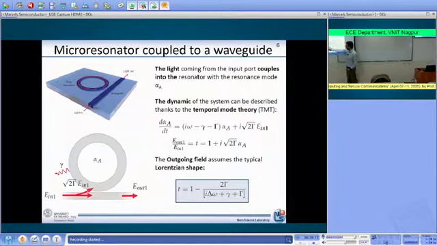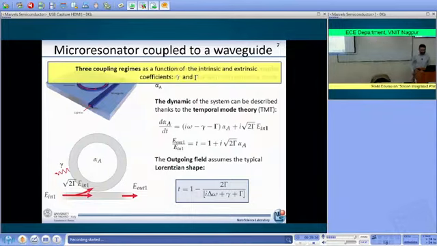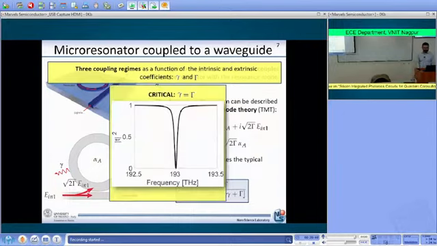This is a Lorentzian line shape where you see that the frequency is given by the difference between the resonance condition and the frequency of the input light, plus the width is given by all the loss mechanisms. And this is the kind of result that we can achieve, okay?